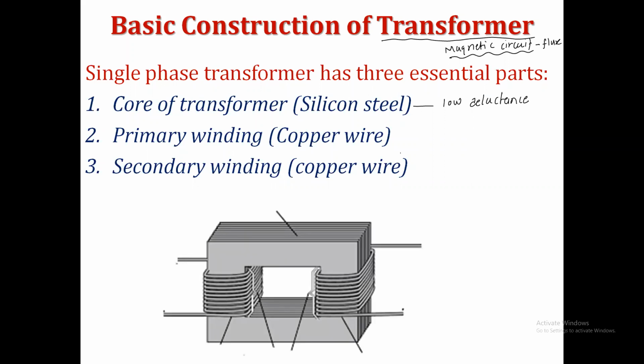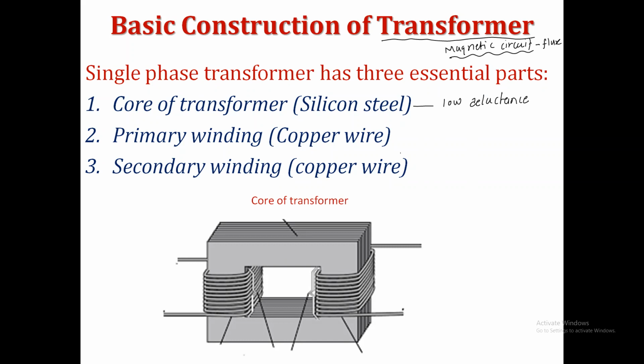Now see the basic diagram of a transformer here. You see one rectangular core, and on two separate parts of this core, the two windings are wound. This core is made up of silicon steel material. This is called the core of the transformer. As this is a magnetic circuit, silicon steel material is used for the core because it offers a low reluctance path.